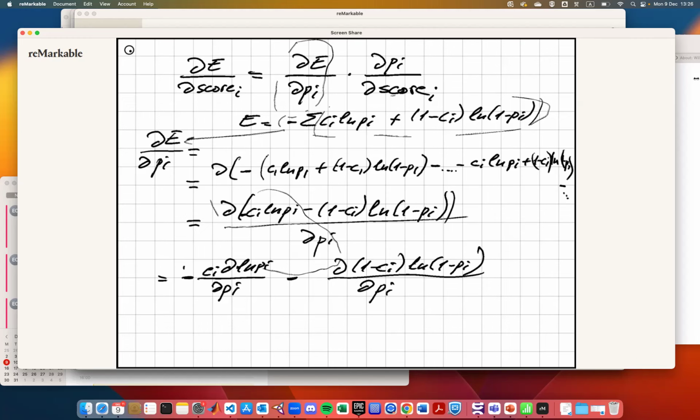So this thing is minus ci times 1 over pi. So it's already quite good.